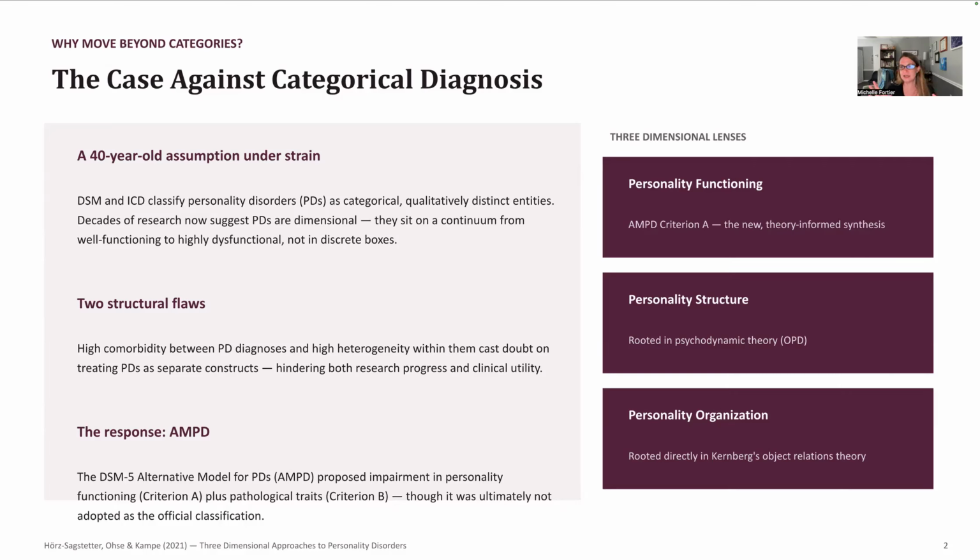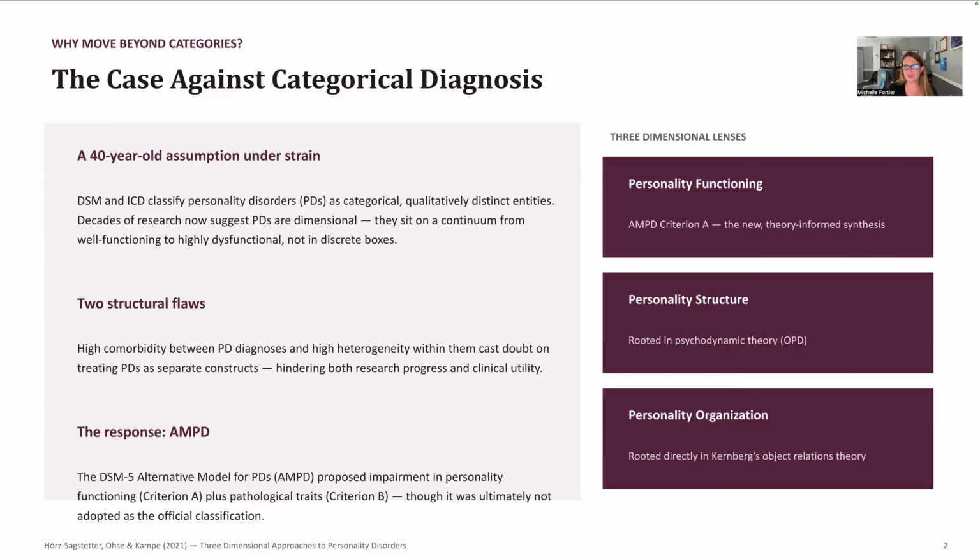So you have BPD, NPD, OCPD, schizotypal, schizoid. Those are categories. And decades of research now suggest personality disorders are dimensional. They sit on a continuum from well-functioning to highly dysfunctional, and not in these discrete boxes.